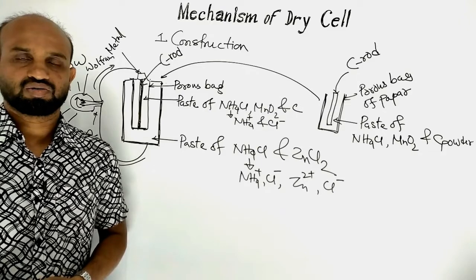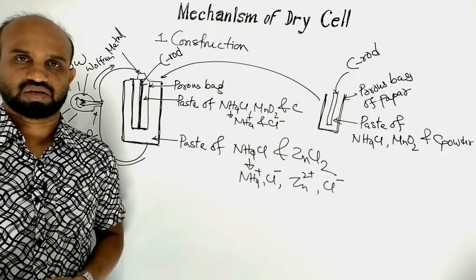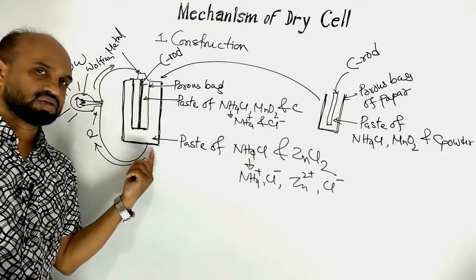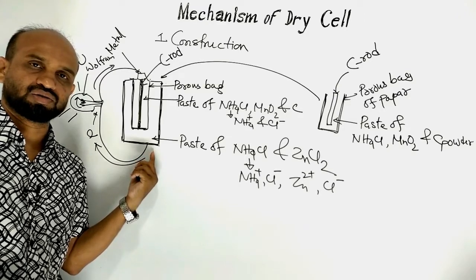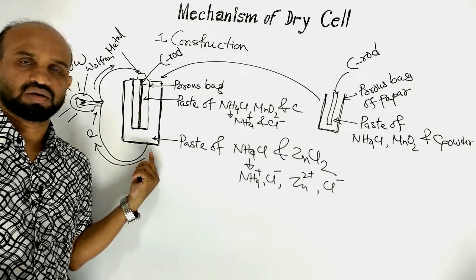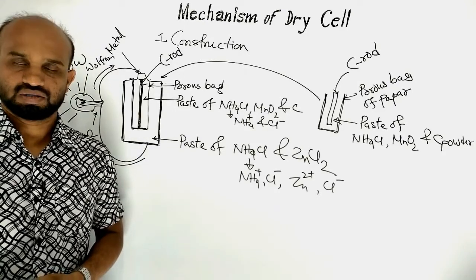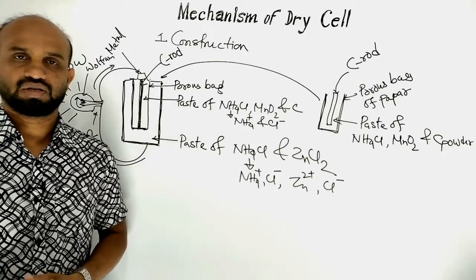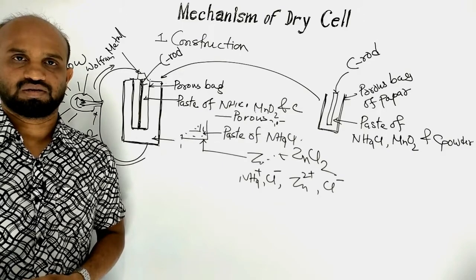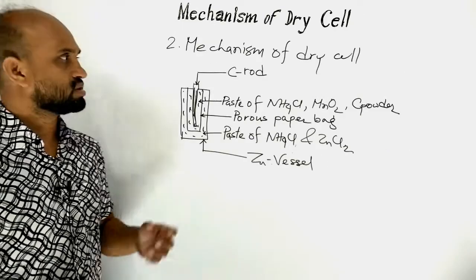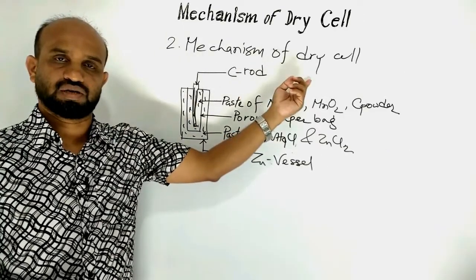Now let's try to learn the mechanism of the dry cell. That means in which part electrons are produced and in which part electrons are consumed. Let's see the mechanism of the dry cell.